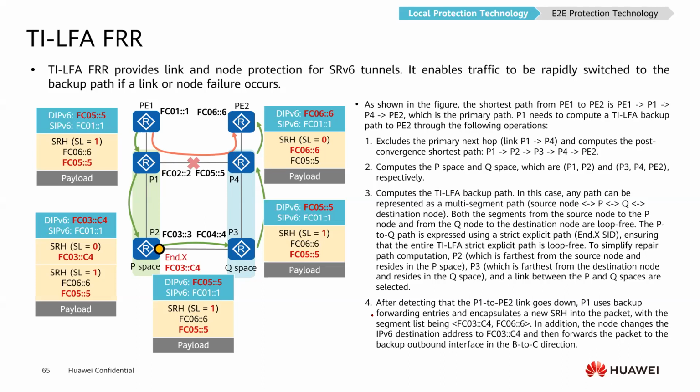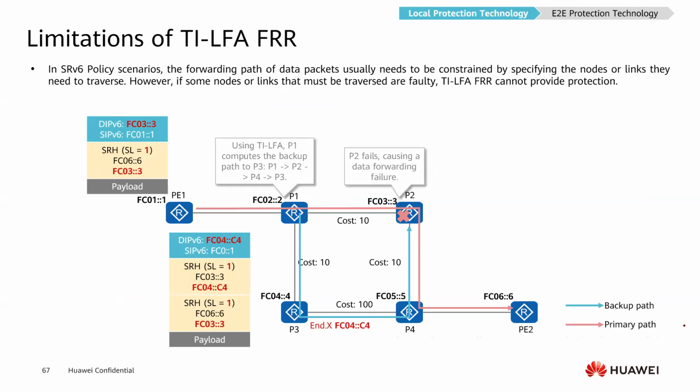Okay, so let's continue. But there will be some limitation for TI-LFA FRR. Actually, we also mentioned this yesterday. If there is a path, I create the packet, and in this SRH we know we have to pass FC03::3.